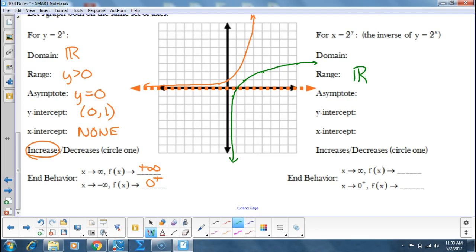Range is the y's. So my domain from my function becomes the range on my inverse. The range on my function becomes the domain. So what's the domain of my inverse? X is greater than 0.